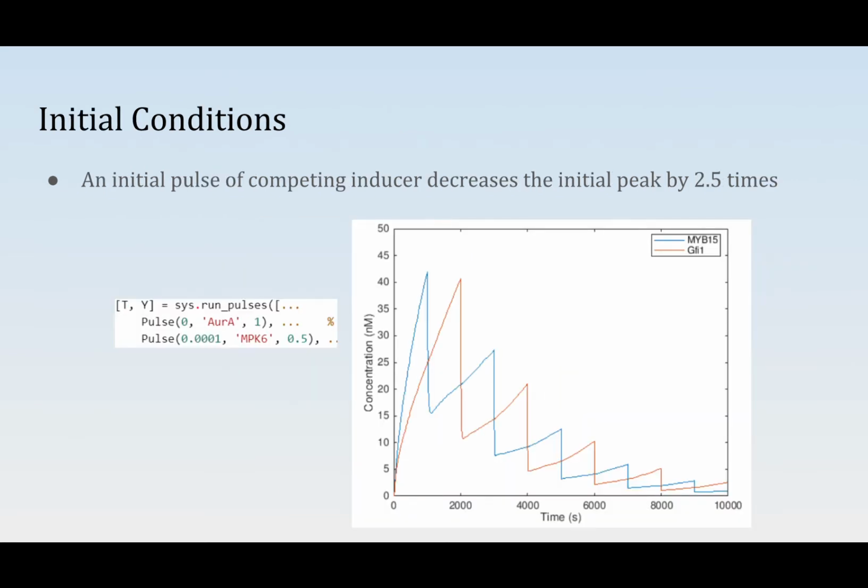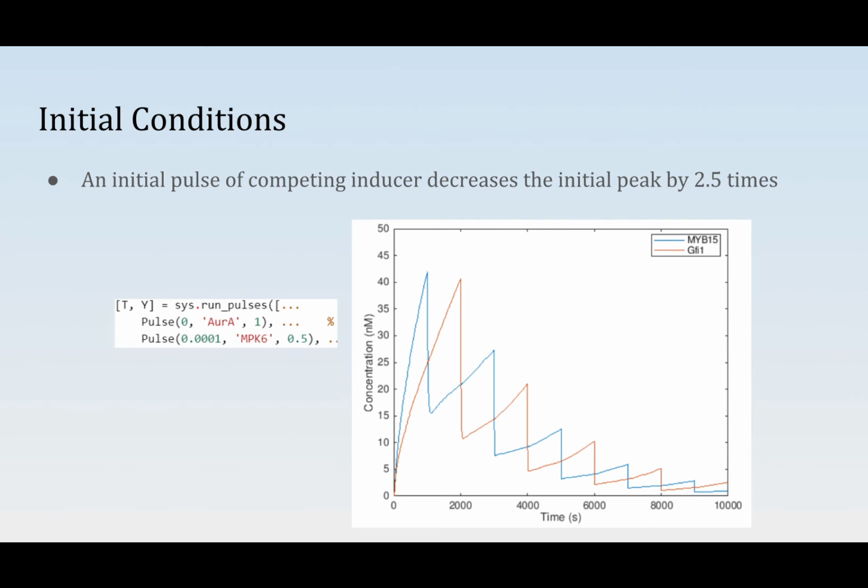Lastly, we'll be manipulating the initial conditions of the system. In all previous simulations, the initial condition has been adding in 1 nanomolar of Aurora A kinase. In this simulation, 1 nanomolar of Aurora A kinase and half a nanomolar of its competing inducer MAP kinase 6 are added to the system, as shown in the MATLAB code on the left.